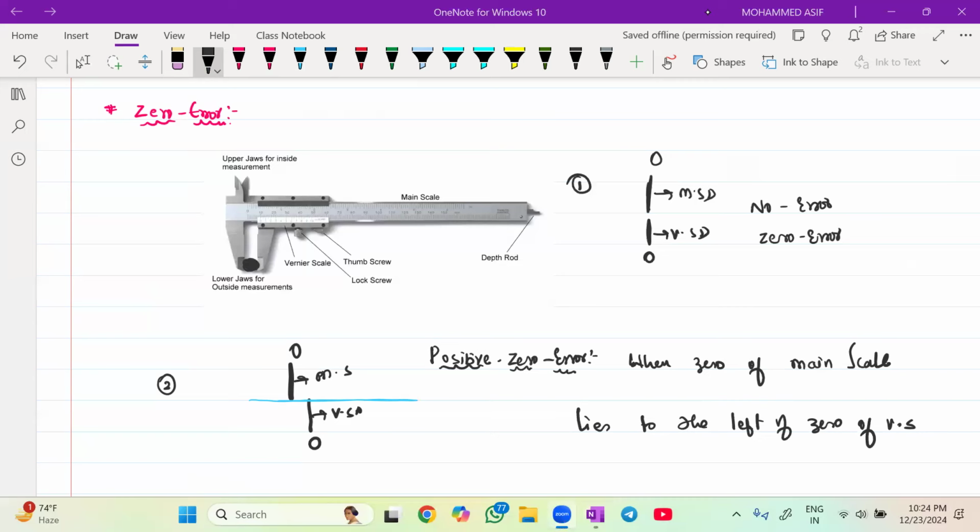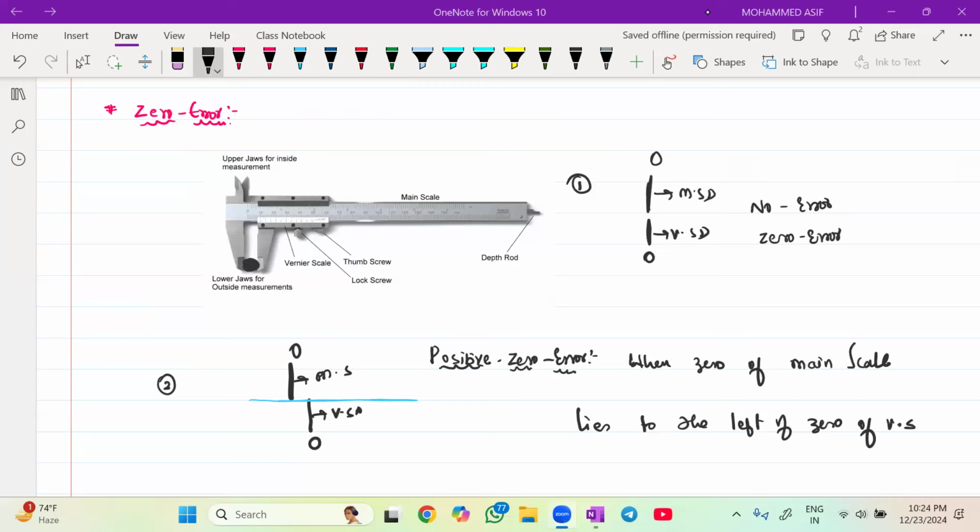Yes. This one is 0, this is 1, this is 2, this is 3, this is 4, this is 5, this is 6, this is 7, this is 8, this is 9, this is 10. It is 1 centimeter. Now see this one carefully. 0 of this one is somewhere here right now. I'll draw this one right now.